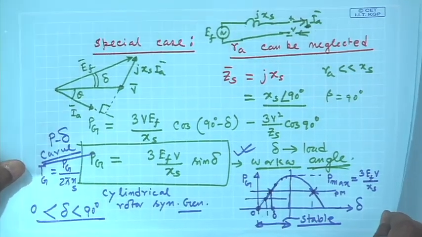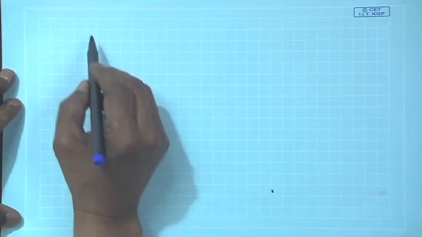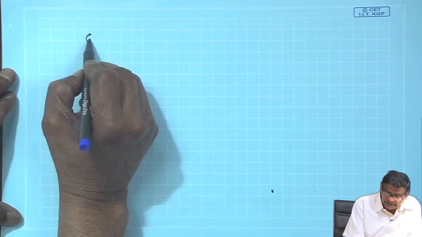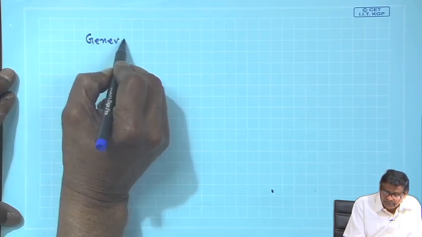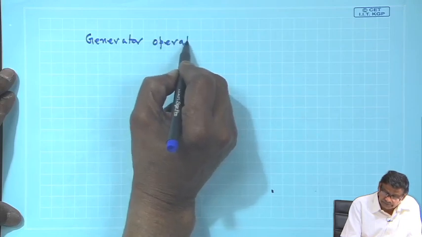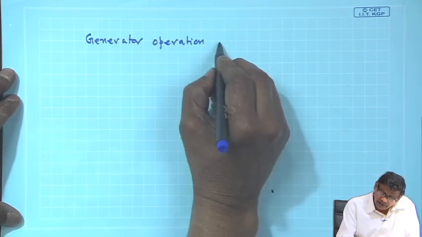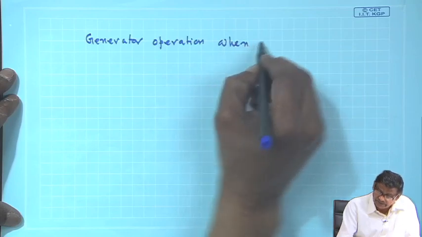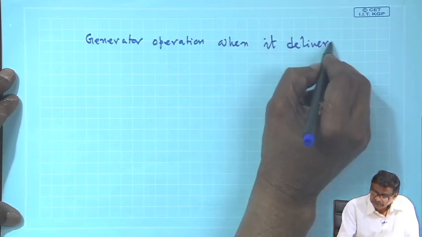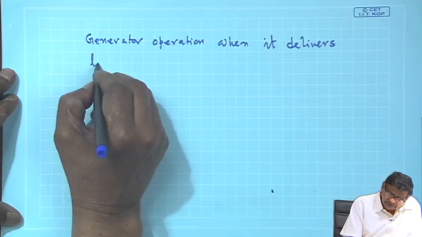Okay. Now, suppose I will just draw the phasor diagram for generator operation, when it delivers a leading power factor load.